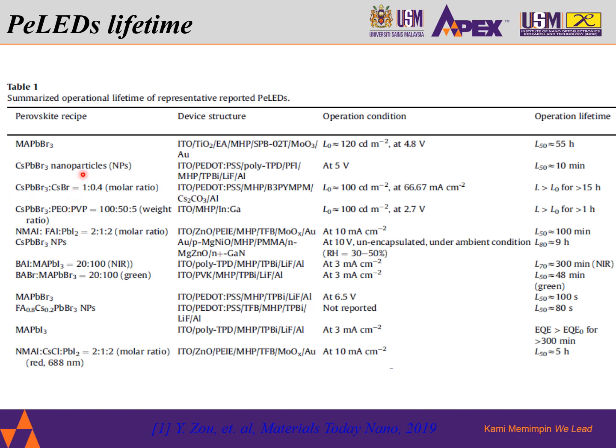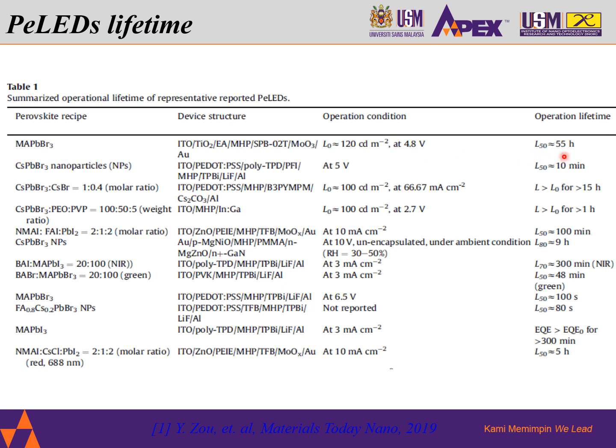So for example, the first one, a prescribed recipe of MAPbBr3, has a device structure consisting of ITO, TiO2, EAMHP, SPB-02T, MoO3, Au. The operation condition is 120 candela per square meter at 4.8 volts.